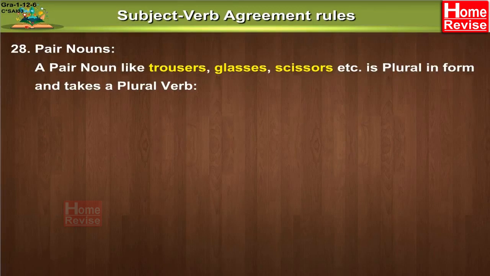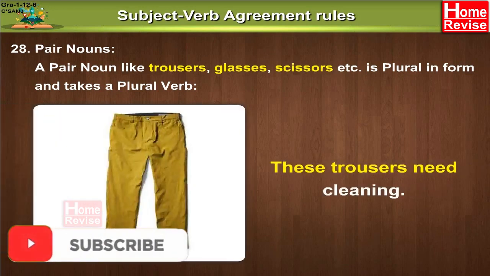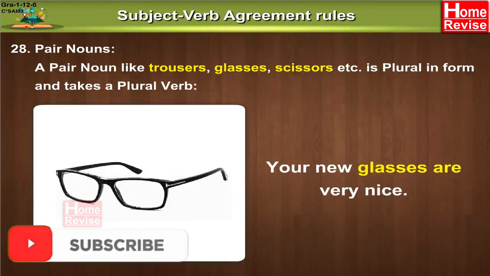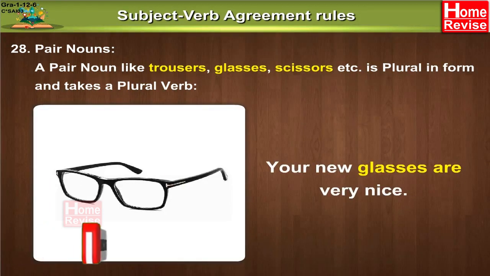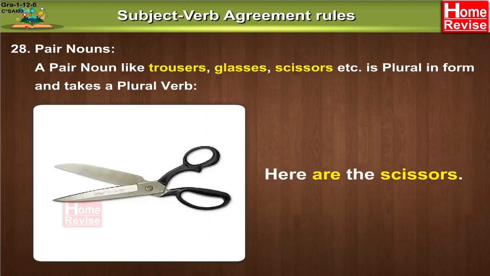28. Pair nouns. A pair noun like trousers, glasses, scissors, etc. is plural in form and takes a plural verb. These trousers need cleaning. Your new glasses are very nice. Here are the scissors.